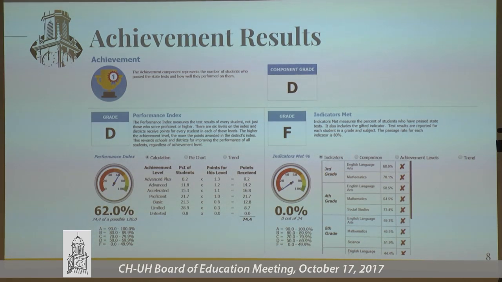The overall grade for achievement in the district is a D. When we look to put our performance for this measure in context, if we met the target, meaning if every student scored proficient, that would give us a B for performance index, an A for indicators met, and an overall grade of B.